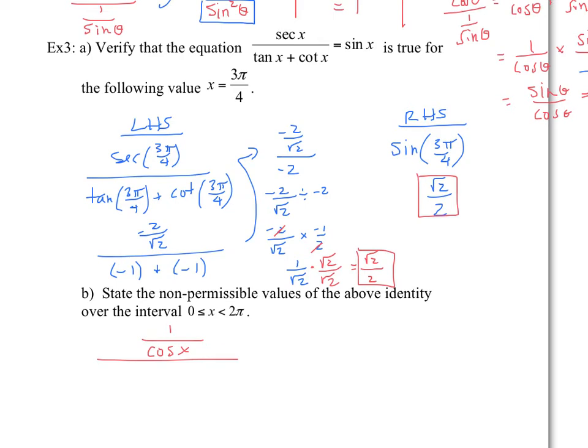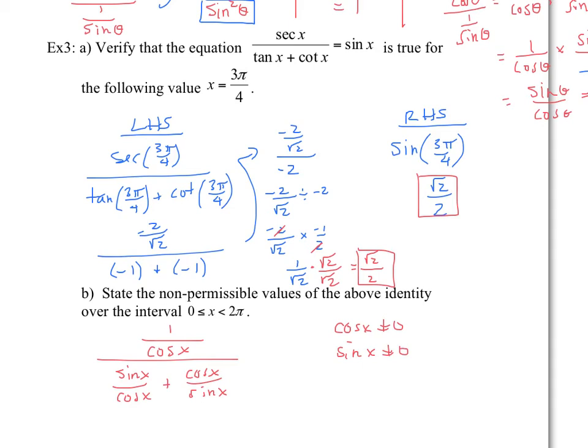And over here, we're going to have sine x over cos x plus cos x over sine x. So the obvious ones are that cos x cannot be 0 and sine x cannot be 0.